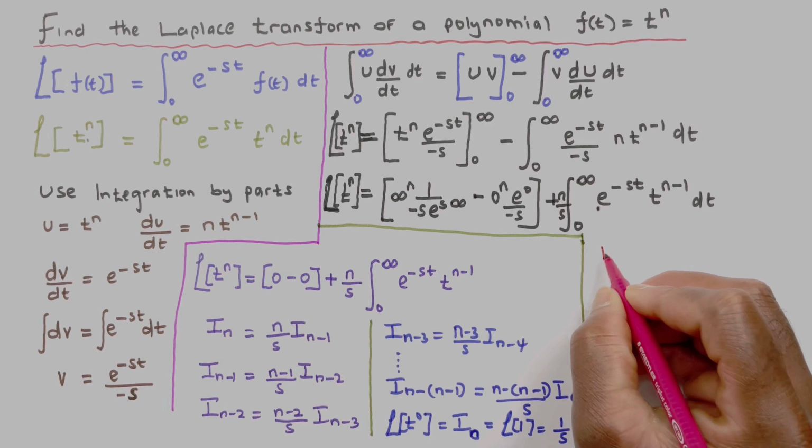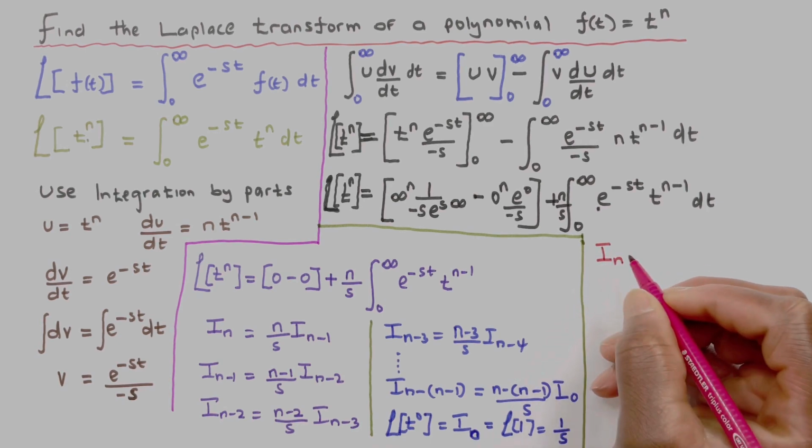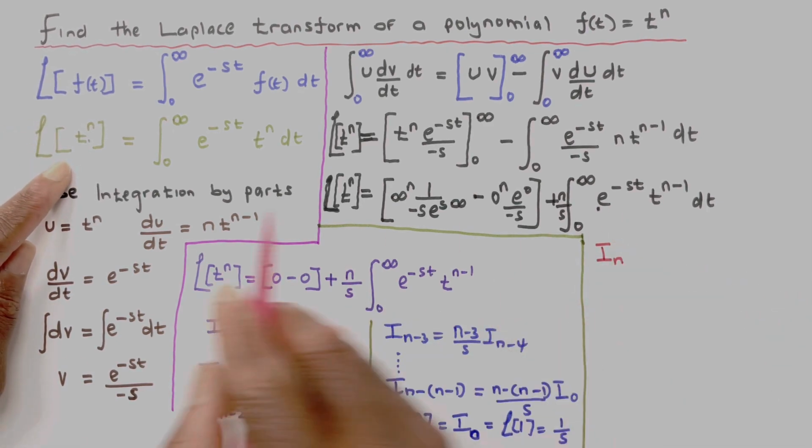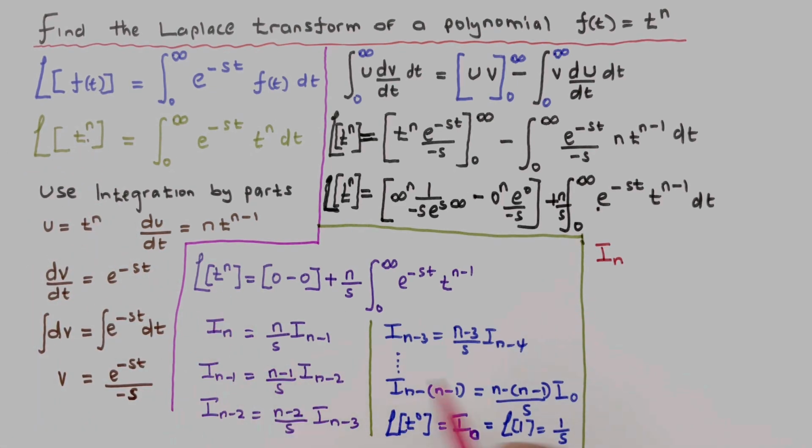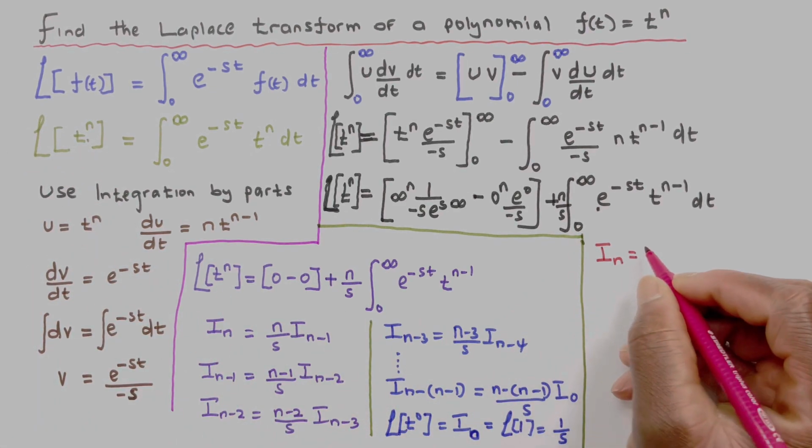So now let's put that together. I subscript n will be, we're going to drop all the subscripts now because we're multiplying them.